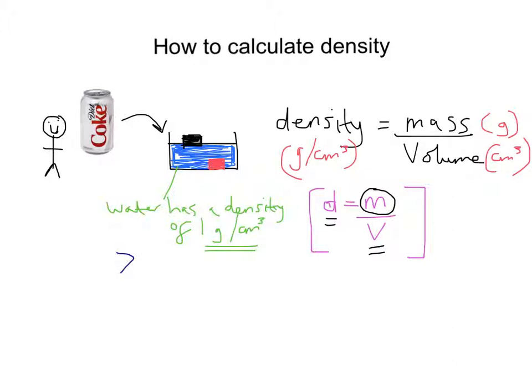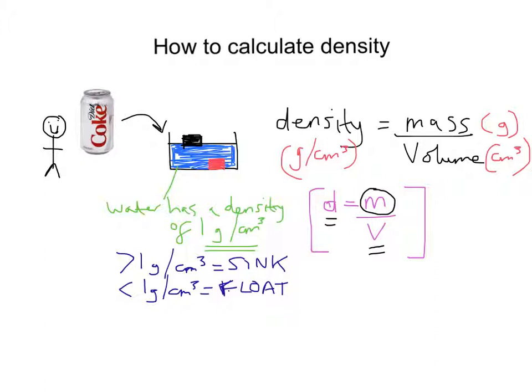What that would mean is the object would sink, and if it was less than 1 gram per centimetre cubed, the object would float. And that's what's happening with these two Coke cans. The Diet Coke is floating because its density value is lower than 1 gram per centimetre cubed.